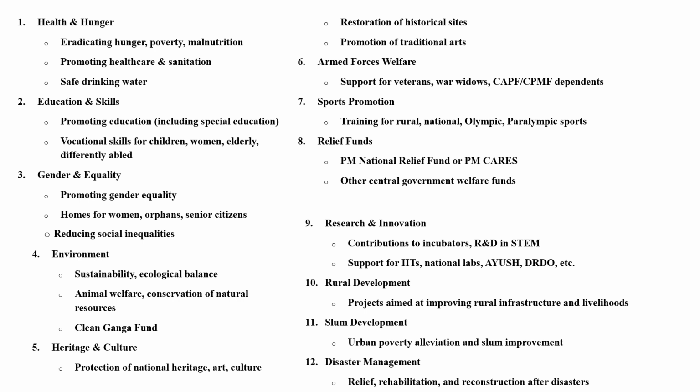Let's discuss in expanded form the 12 activities prescribed under Schedule 7 of CSR. One is healthcare and hunger, like eradicating hunger, poverty, and malnutrition, promoting healthcare and sanitation, and safe drinking water. Education and skills: promoting education including special education and vocational skills for children, women, elderly, and differently abled.